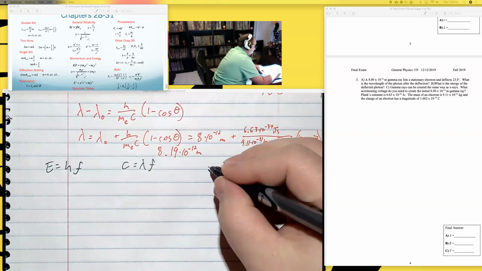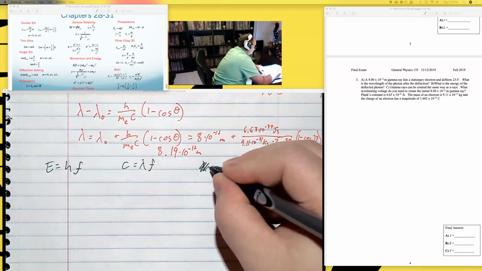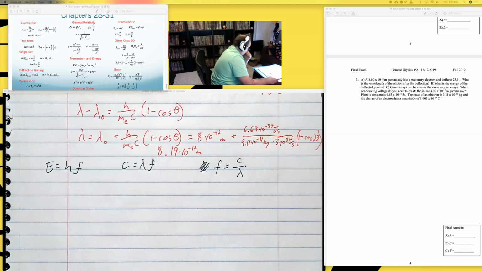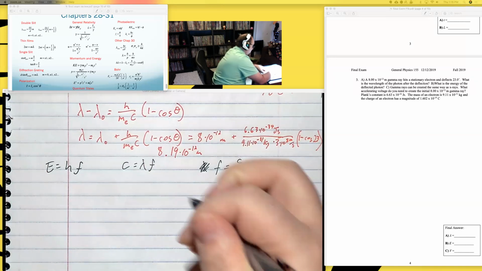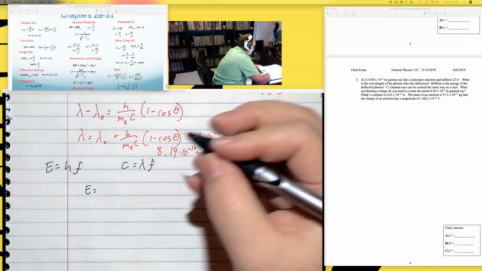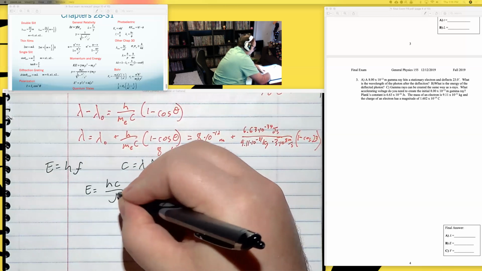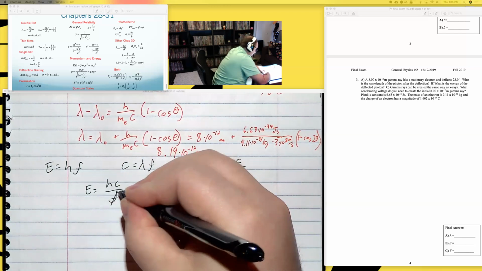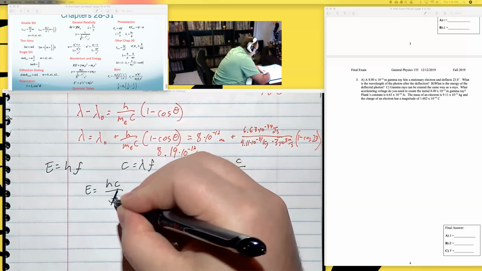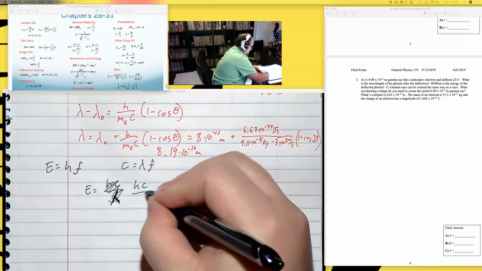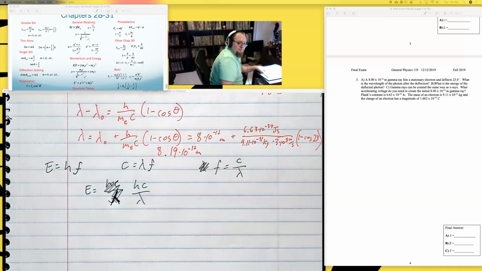And this means the frequency of a wave is c over lambda. And if I plug that into this equation, the energy of a wave is hc over lambda. I said my lambda backwards. Let's just try it again. That is how we'll get the energy.